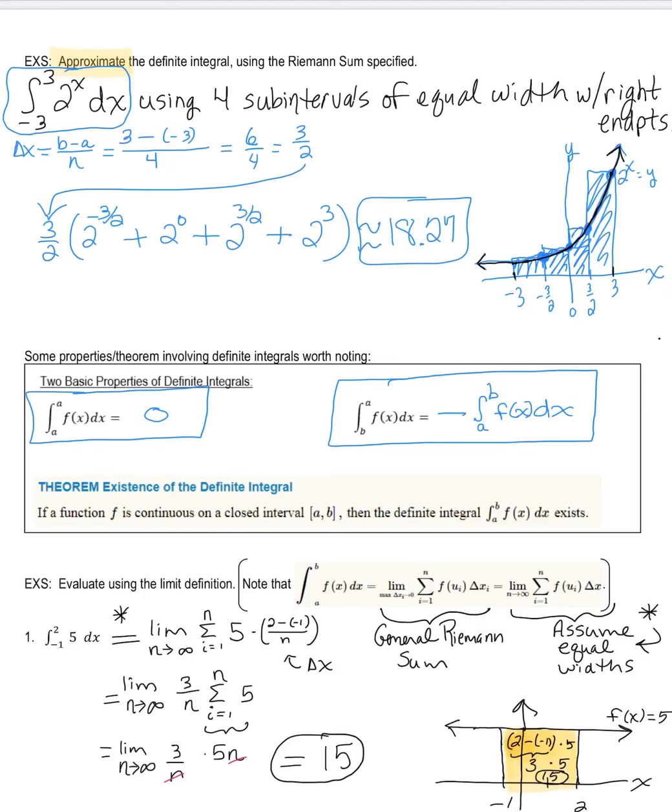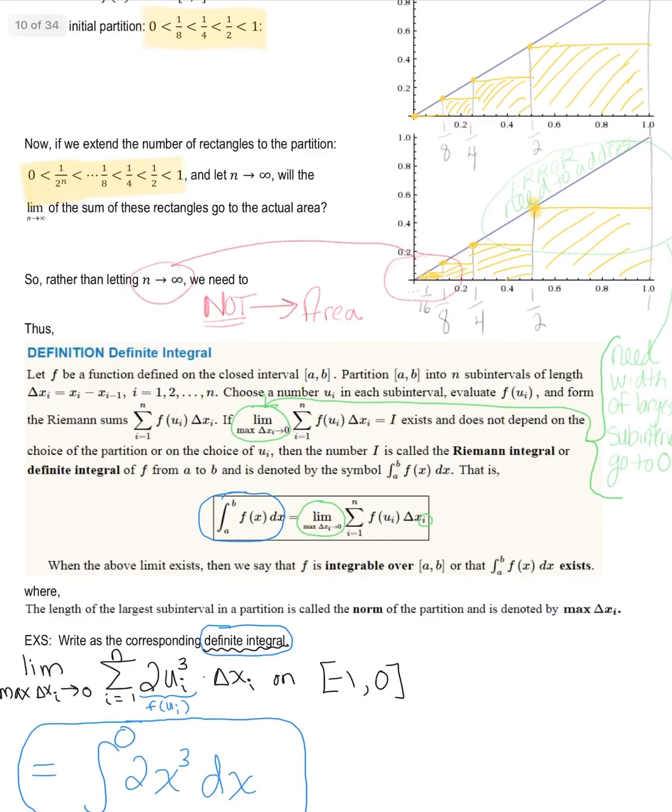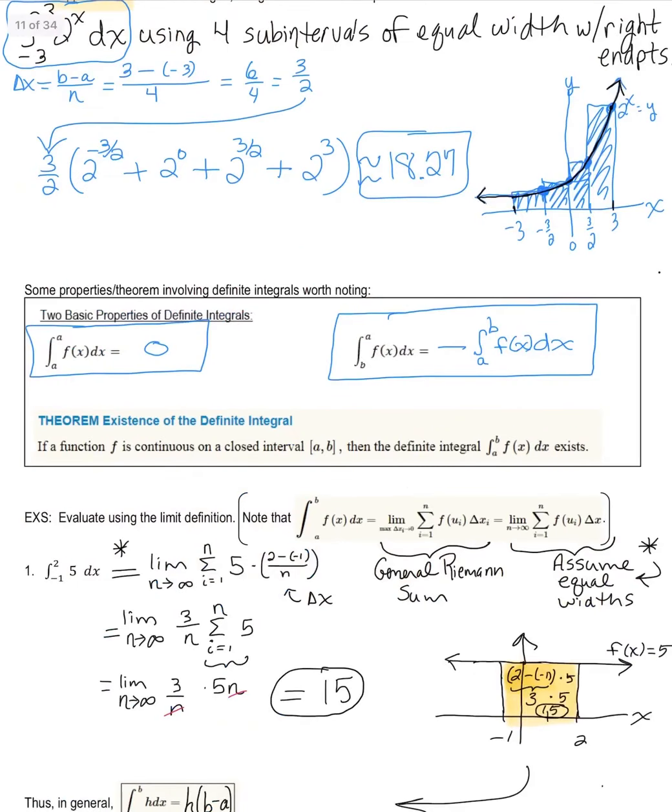So I suppose the most important part is just recognizing this new notation that we're working with here, which is the general form for the limit of a Riemann sum where we don't assume equal widths, and that's why we have this letting the width of the largest partition go to 0. But whenever we're given a choice, if we're going to work a problem, we're going to assume the equal widths case. We have the general and then the equal widths. We're going to just by choice resort back to equal widths.